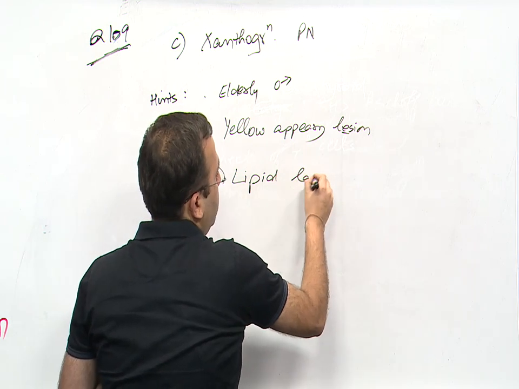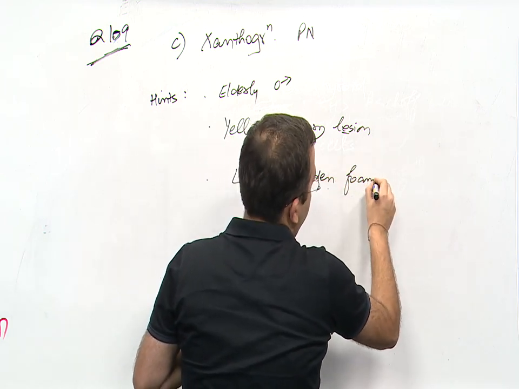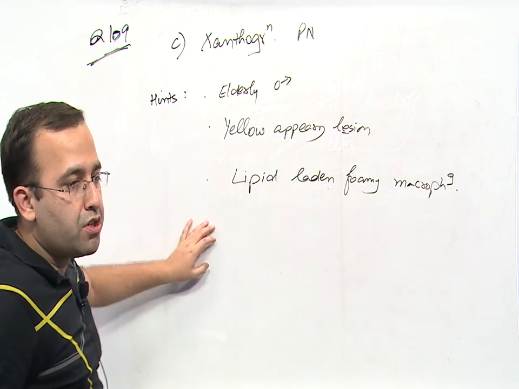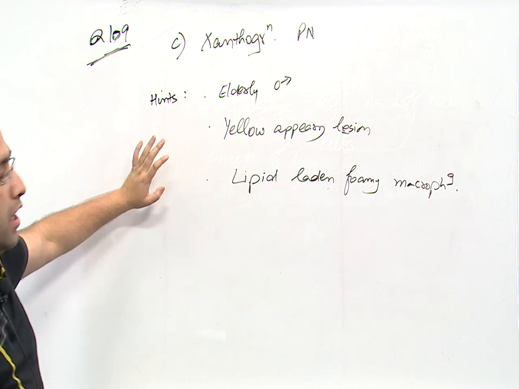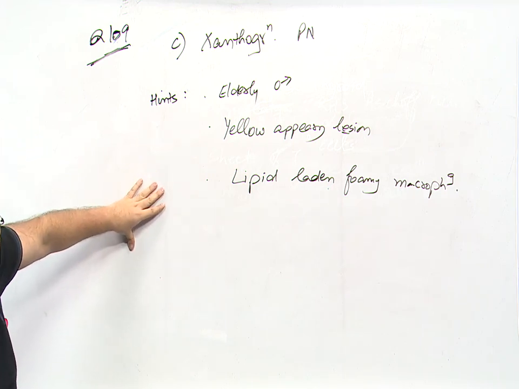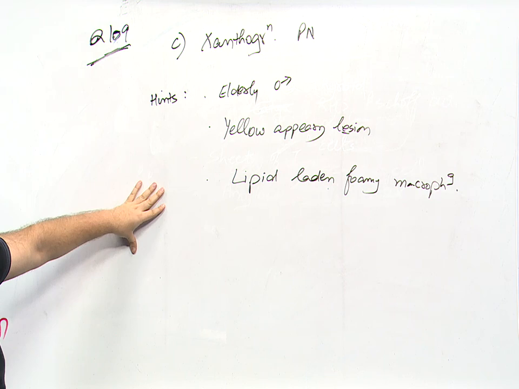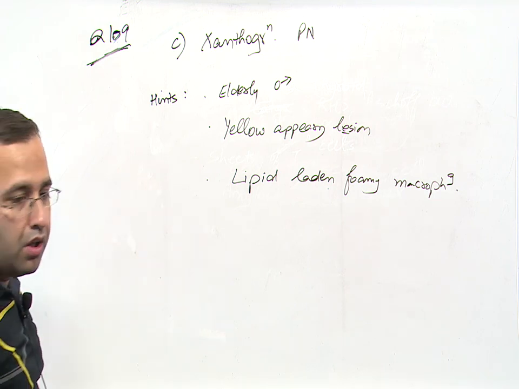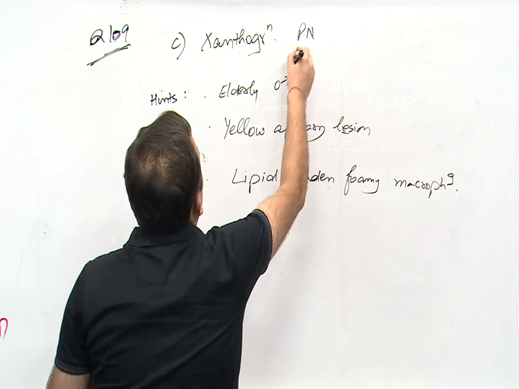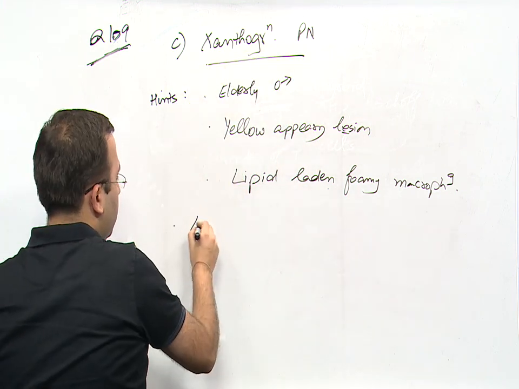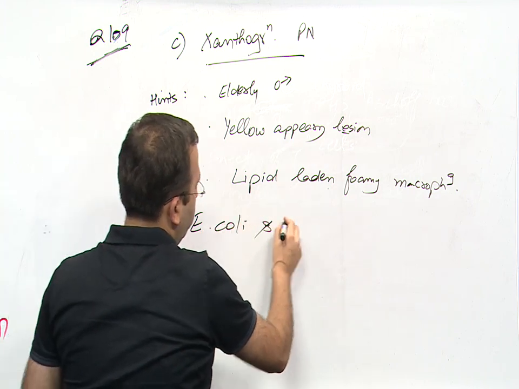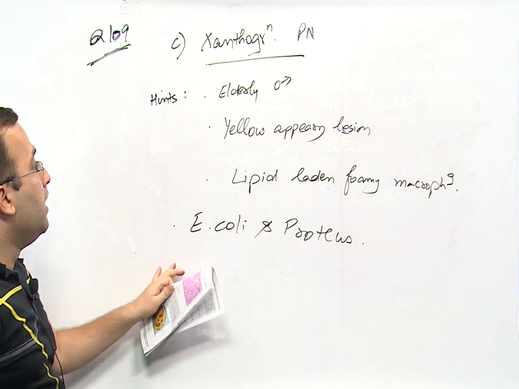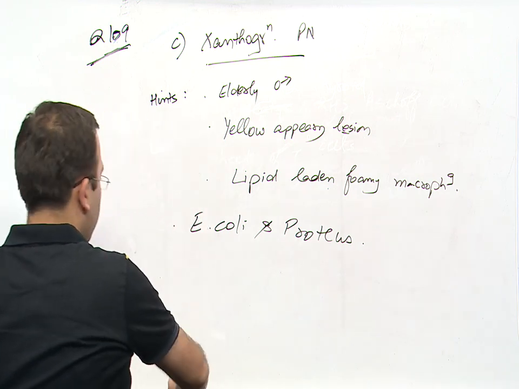With these options, elderly, yellow appearing lesion, lipid laden foamy macrophages, the answer is obvious: xanthogranulomatous pyelonephritis. It is associated with E. coli and Proteus infections.